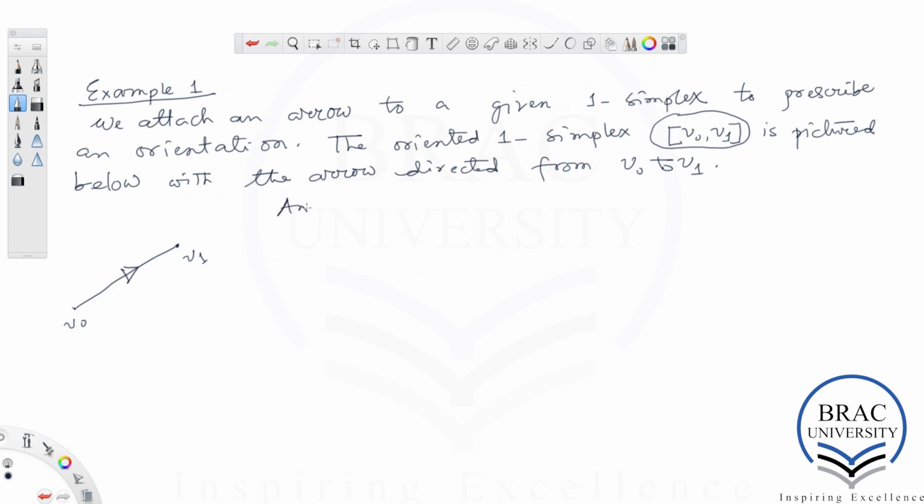An orientation of a two simplex can be depicted by a circular arrow.